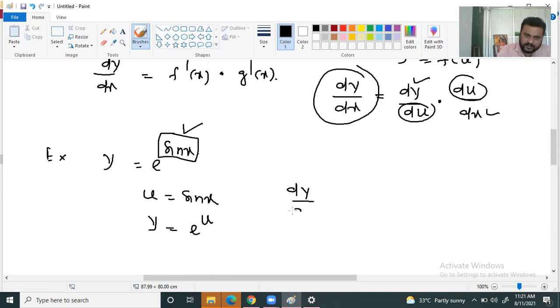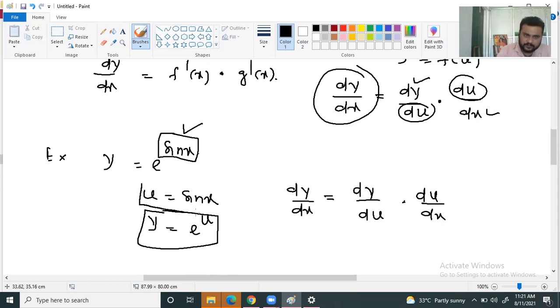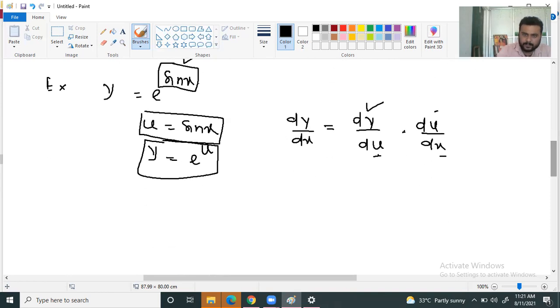Now to find dy by dx, dy by dx will be dy by du into du by dx, because y is a function of u here, and u is a function of x here. So the derivative of y with respect to u and the derivative of u with respect to x. So dy by du will be e to the power u, the derivative of e to the power u is itself, e to the power u, into du by dx.